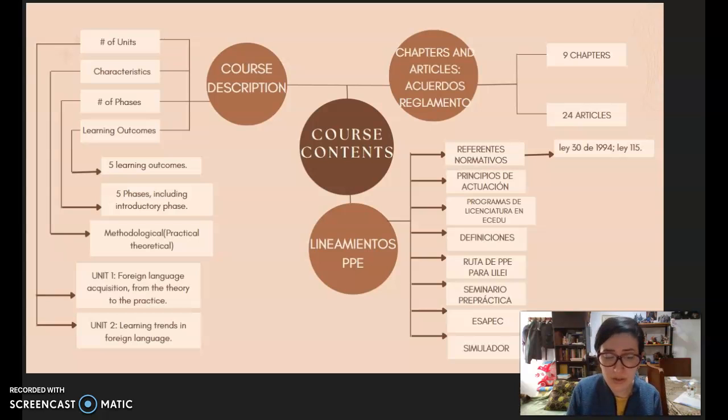This is similar to the simulator that we had to fulfill in the last semester, for the subject didactics. So I guess it's something similar, as I understand. About all the contents and all the syllabi, I think that's it for now. Thank you for your attention, and that's it.